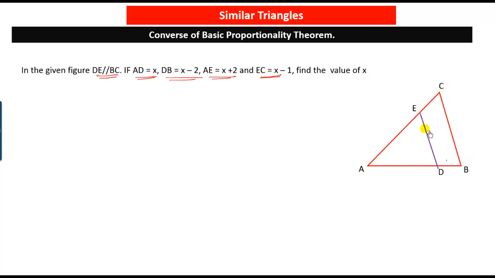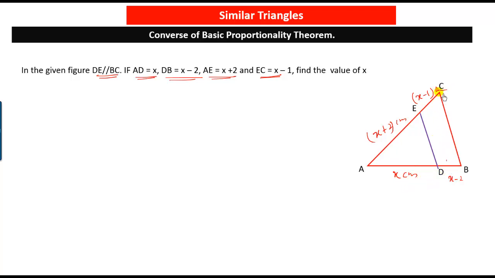It means this DE is intersecting the two sides of the triangle and it is parallel to the third side, and it is given that AD is x centimeter, then DB is x minus 2 centimeter, and AE is x plus 2 centimeter, and EC is x minus 1 centimeter, and we have to find x.